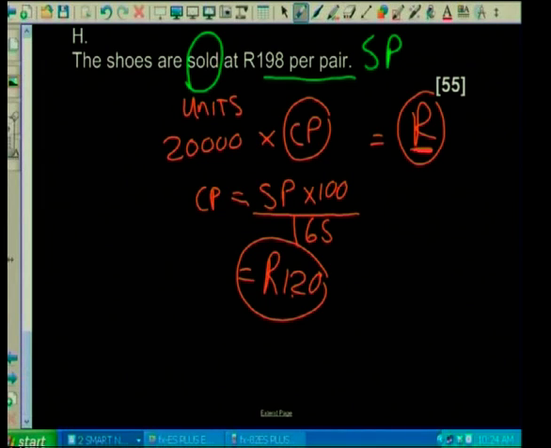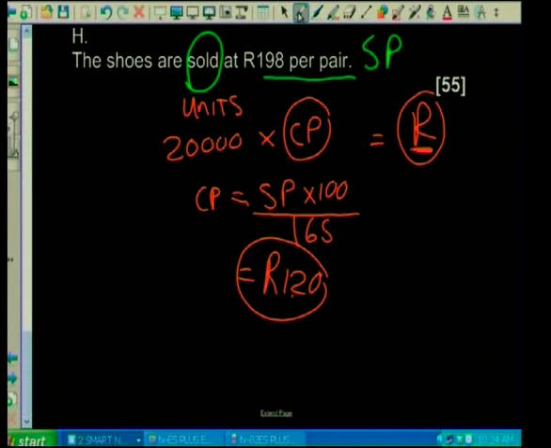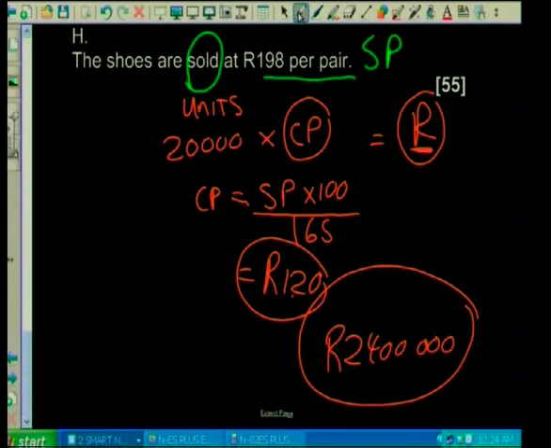So on our calculator, all we're doing is taking 20,000 times 120 Rand, to give us a total of 2,400,000. Let's write that down. We're getting an amount of 2,400,000. And remember, this is my total cost of finished goods.